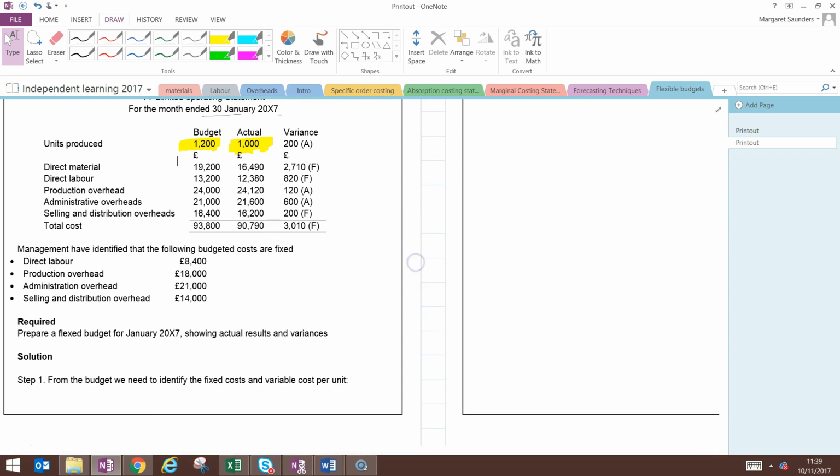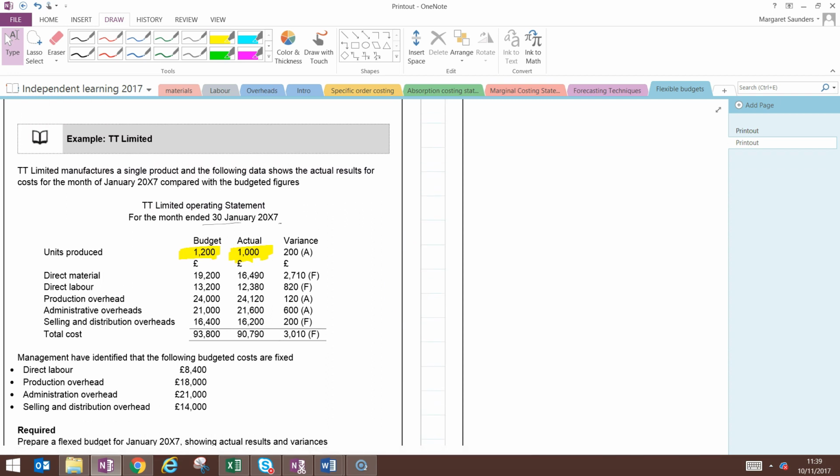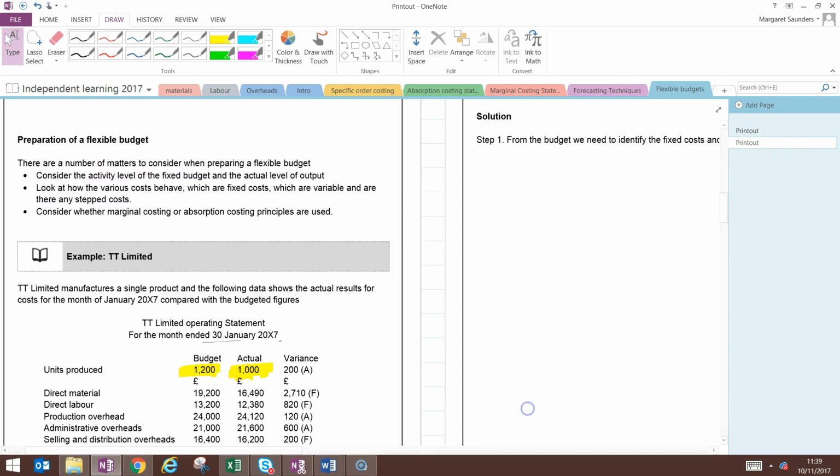So step 1 is from the budget we need to identify the fixed costs and the variable costs per unit. So starting with direct material. Direct material is always a variable cost.